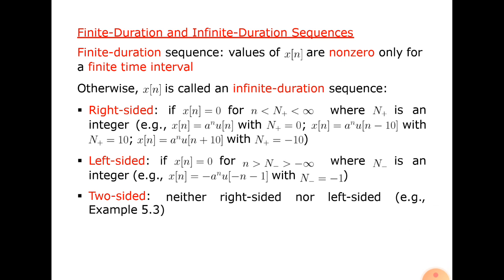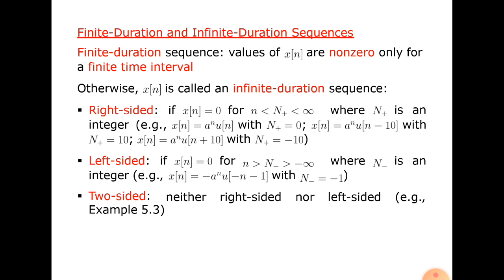Finite duration and infinite duration sequences. A finite duration sequence has values of x of n that are non-zero only for a finite time interval. So we have a finite time interval and an infinite time interval, isn't it?